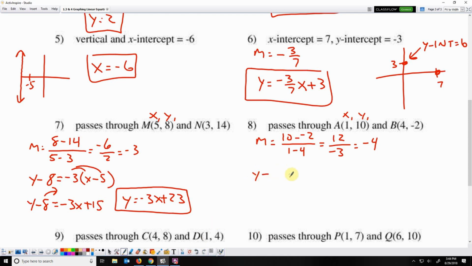So y minus y1 equals m times x minus x1. Distribute the 4. Negative 4x plus 4. And add that 10. Y equals negative 4x plus 14.